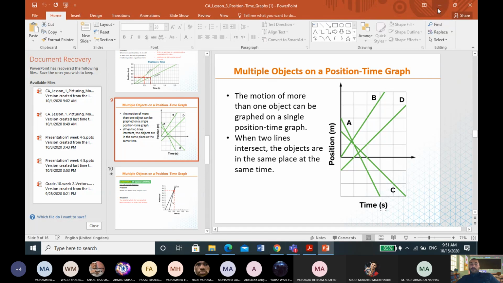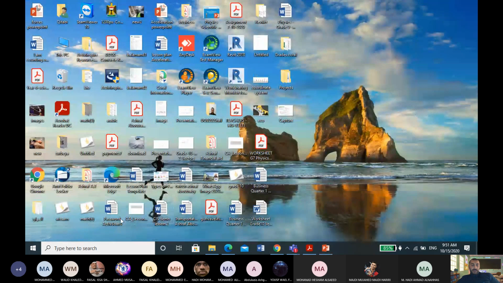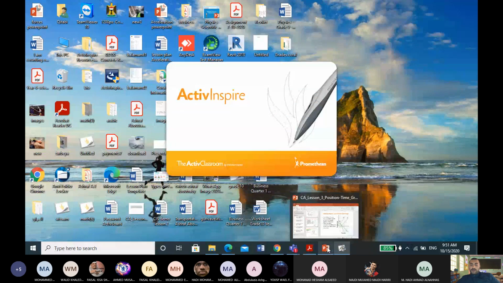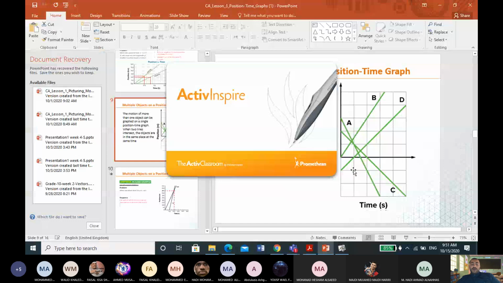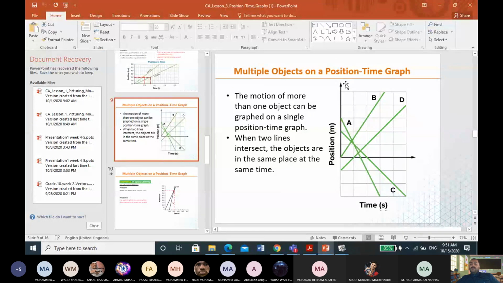Here, let me open my Active Inspire so that I can draw on it. Okay, guys. So always when we say this is a position time graph, you can see that position is located on the y-axis and time is located on the x-axis.